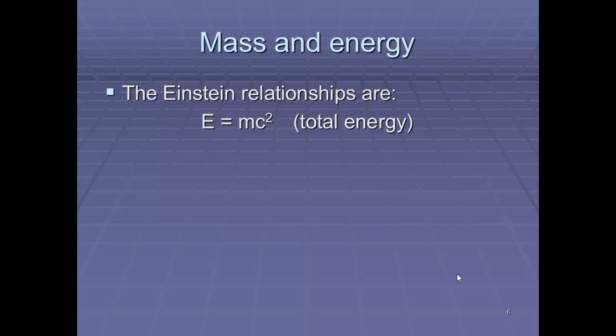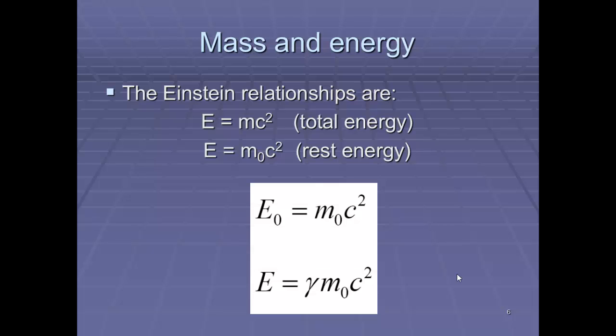So Einstein's relationships again: E equals mc squared gives me the total energy, E0 equals the rest mass times c squared, which is the rest energy, and the total energy incorporates relativistic motion.